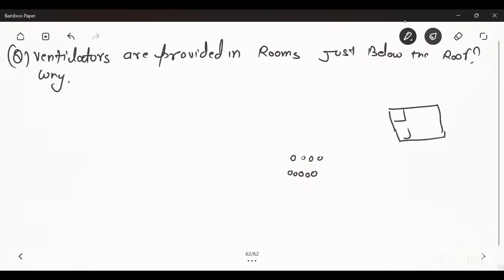That's why they come to the upper surface. Same in the room: ventilators and AC are provided just below the roof, because the hot air comes upward in the room, so it may escape through the ventilator, and the cold particles settle down in the room. That's why ventilators are provided. This is also an example of convection.